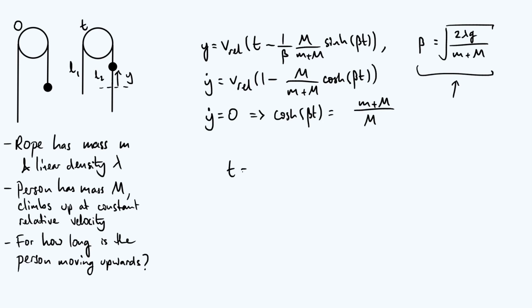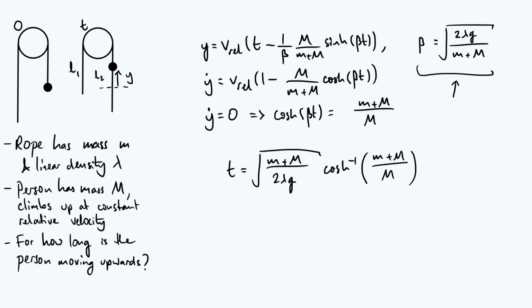And you arrive at your final result, which is t is the square root of m plus M over 2 lambda g times inverse hyperbolic cos of m plus big M all over big M.